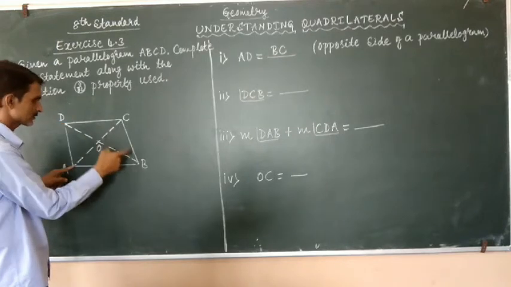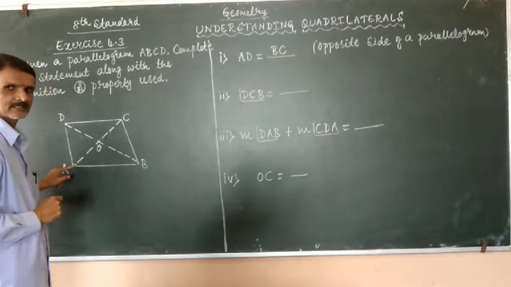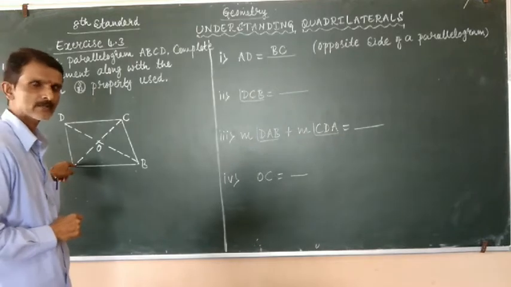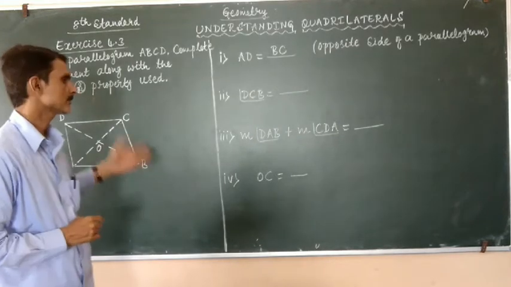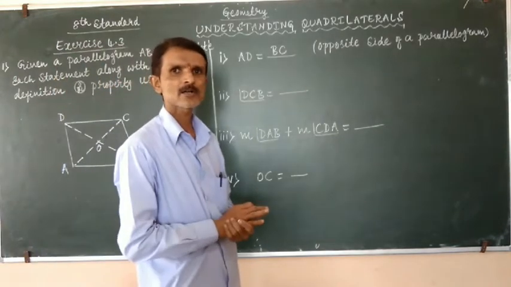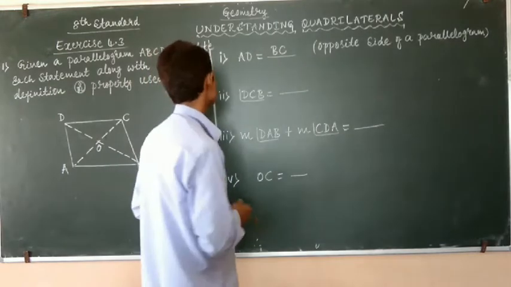Similarly, angle D equals angle B. Because according to the property of the parallelogram, opposite angles of a parallelogram are equal.